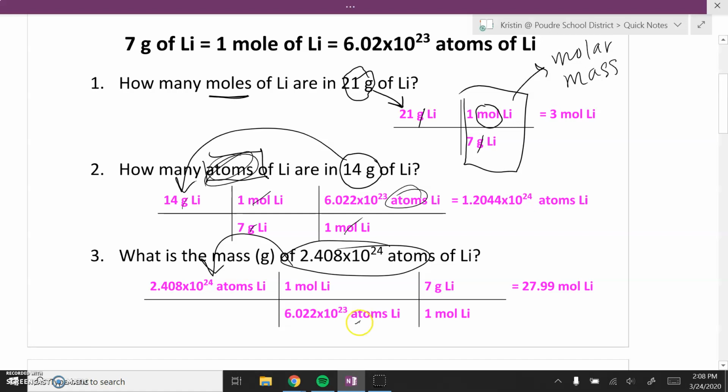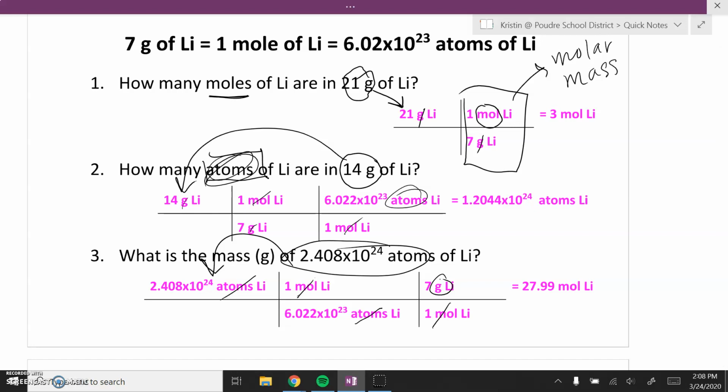So I'll put my atoms on the bottom so that they cancel out the atoms on the top. That gets me to moles of lithium. Then I can use my molar mass. 7 grams of lithium is 1 mole of lithium. My moles cancel out, and I'm left with grams, which is the unit I was looking for. So that's really good. And then multiply the top, divide by the bottom.